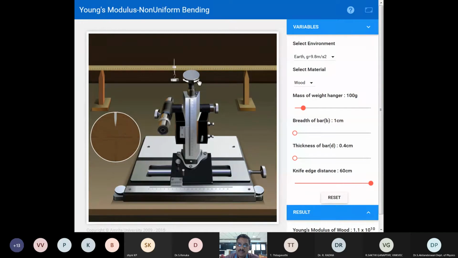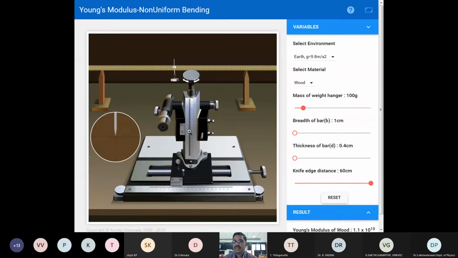So again, I have to adjust the microscope. See, if I click this point, what happens? The pin is coming down, it is touching the horizontal crosswire.